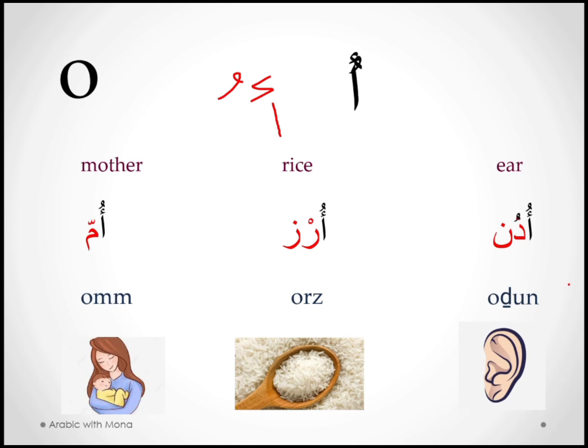Repeat after me. أذن. Its spelling is ألف ضمة ذال ضمة نون. أذن.